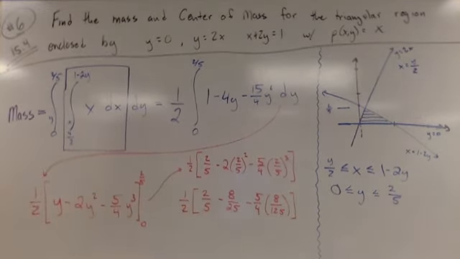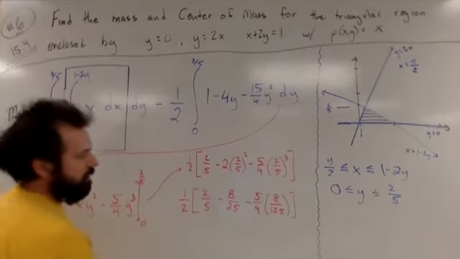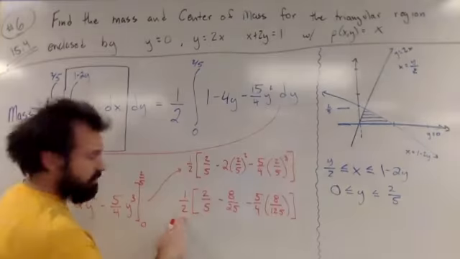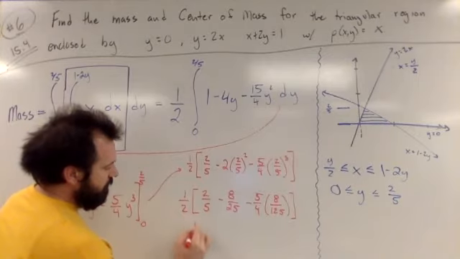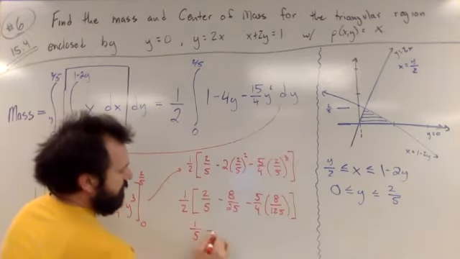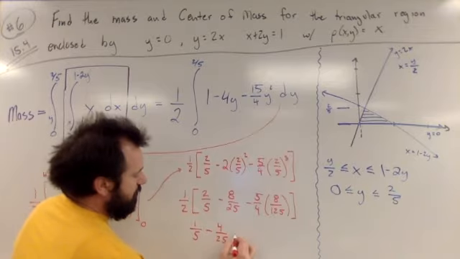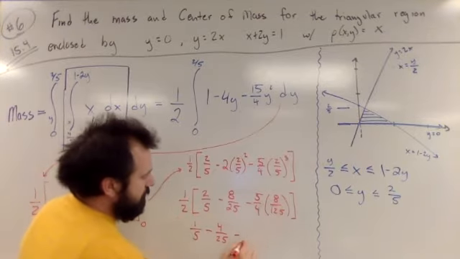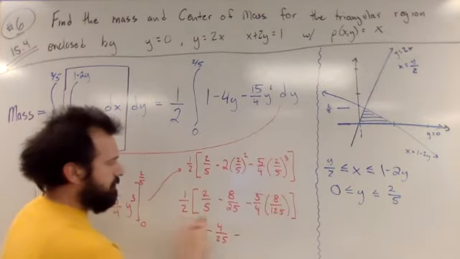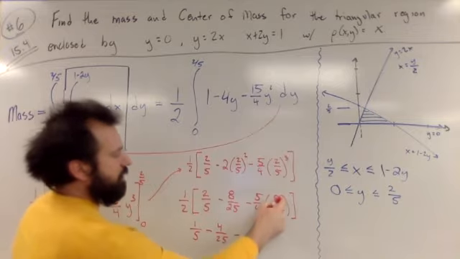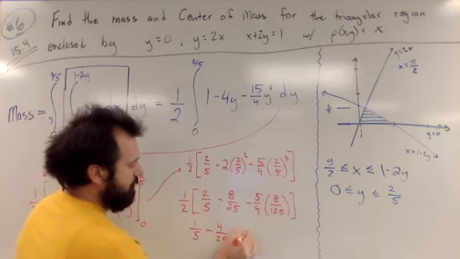The next thing I need to do is go ahead and try to simplify as much as I can. This 1/2 that I'm going to distribute through is going to give me 1/5 minus 4/25 minus, let's see, that gives me 8. 8 is going to give me a 1 on top.